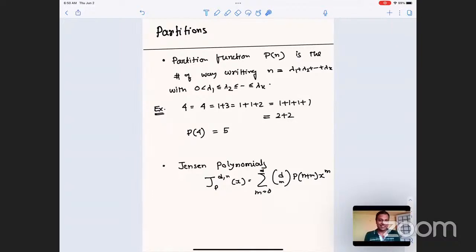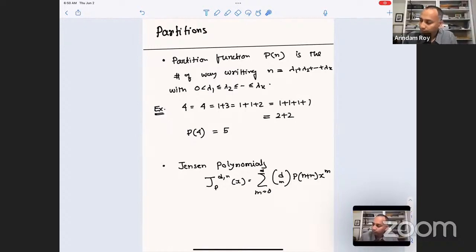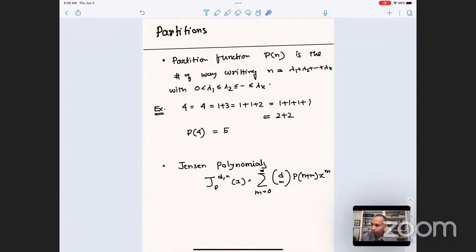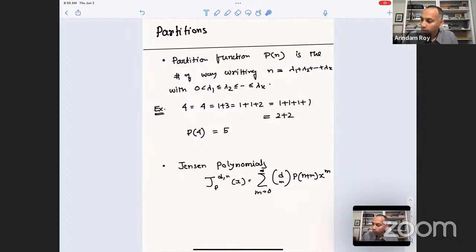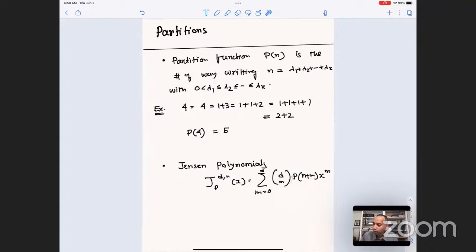Yes, like P_n at x plus y is equal to the sum of n choose r, x raised to r, y raised to n minus r. That is a binomial condition.